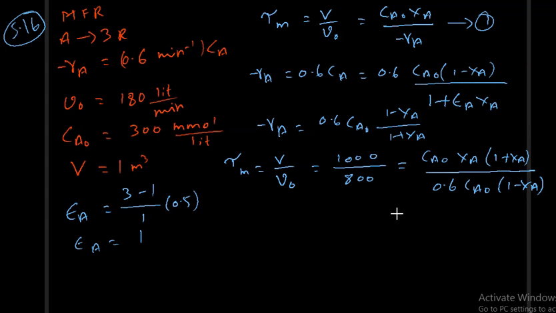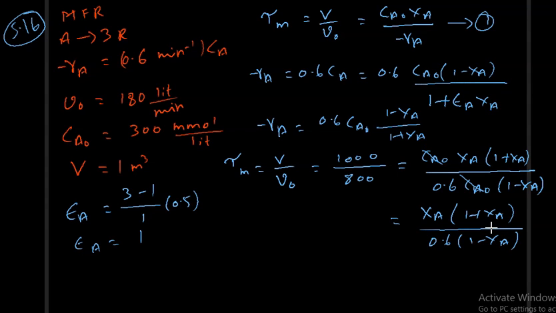So if we solve this equation, CA naught and CA naught are cancelled. So XA into (1 plus XA) divided by 0.6 into (1 minus XA).